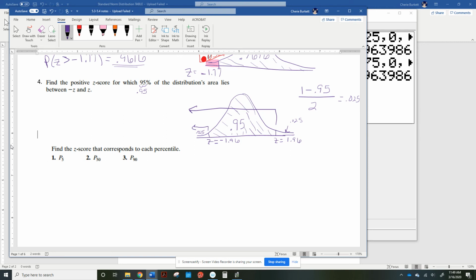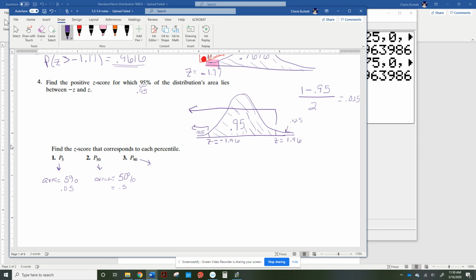Okay, so I'm going to do these real quick. I've lost track of my time, but it doesn't matter. All this is doing is telling me that the area is 5% or 0.05. This is telling me that the area or the probability is 50%, which is 0.5.